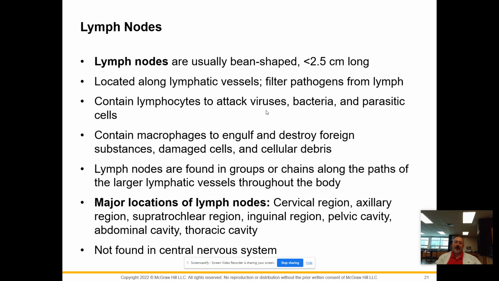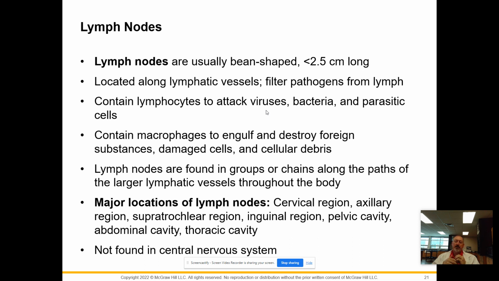And they're going to eat the foreign things. And those foreign things could be bacteria, it could be a virus, it could be other parasites, or it could be just debris, cellular debris. Anyway, those things are going to be consumed and broken down by those macrophages, and they're going to be found in groups or chains along a path of a large lymphatic vessel throughout our body.